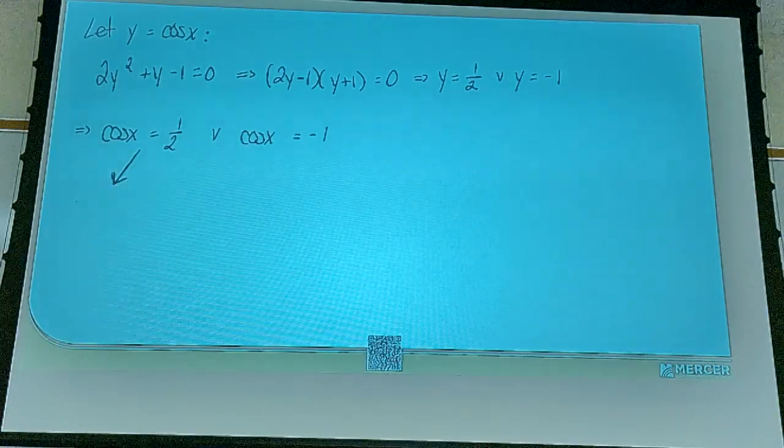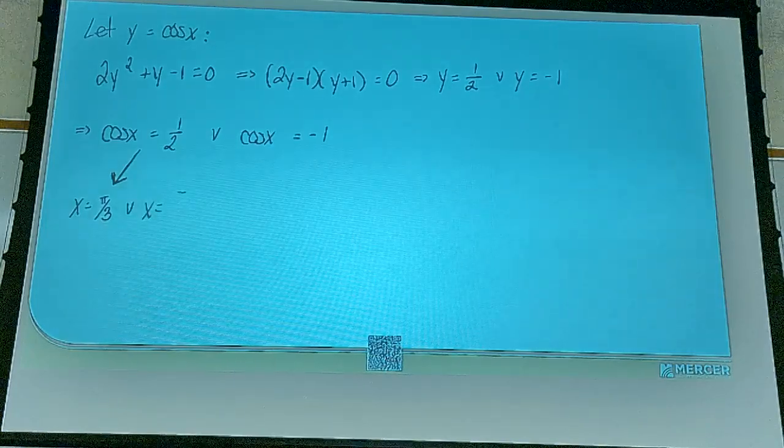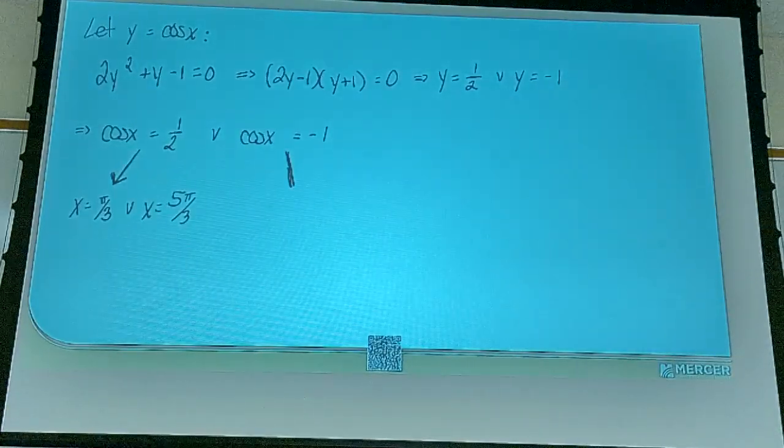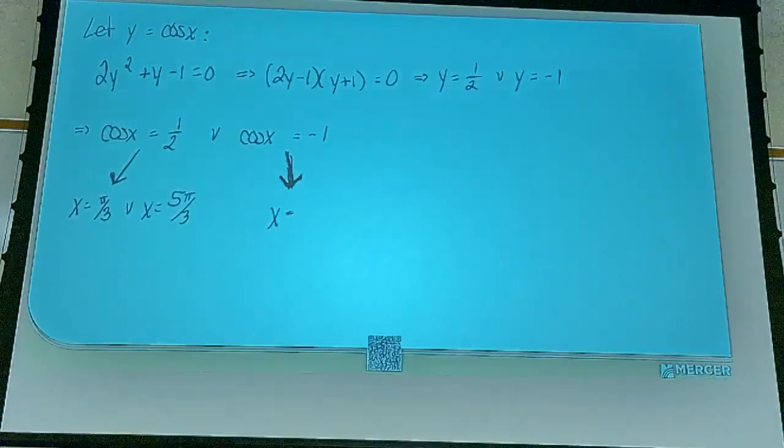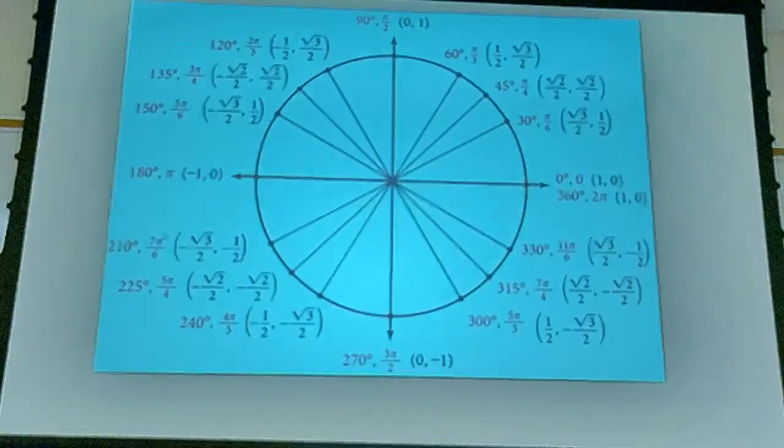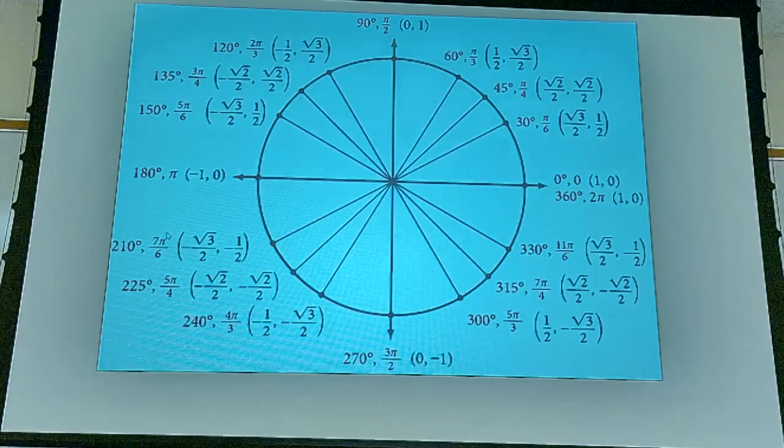Get those, pi over 3, 5 pi over 3. And what about for cosine being -1? Just pi, right? Yeah.